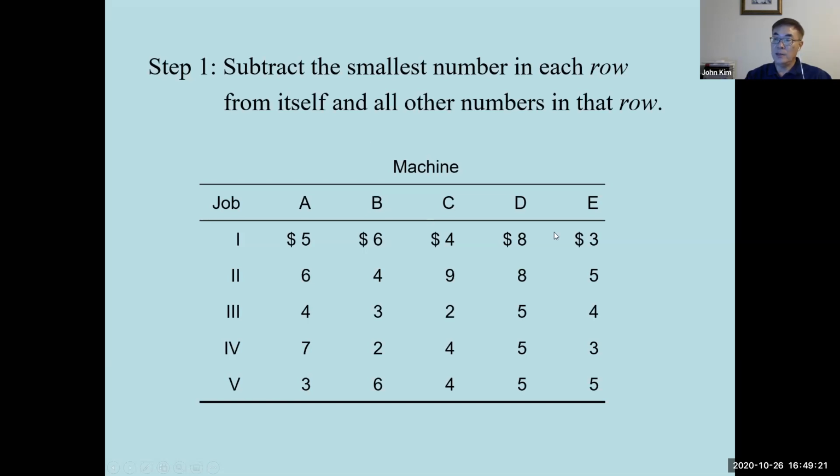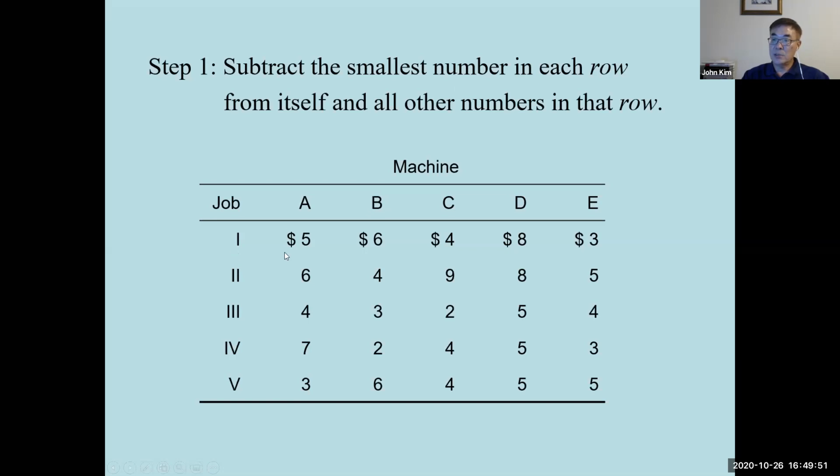If they were profits, then find the largest. But because they are costs, we try to minimize the total cost. So subtract the smallest number in each row.